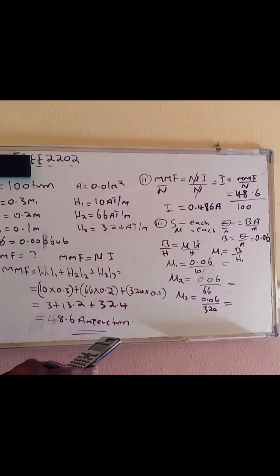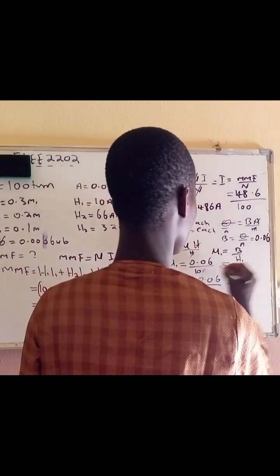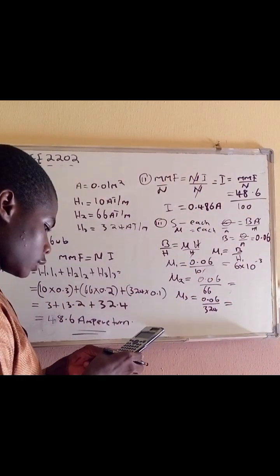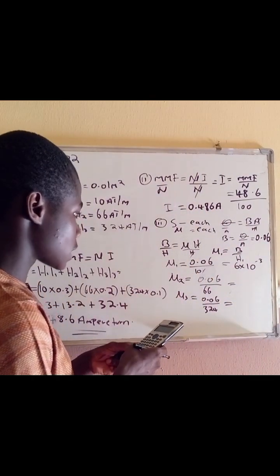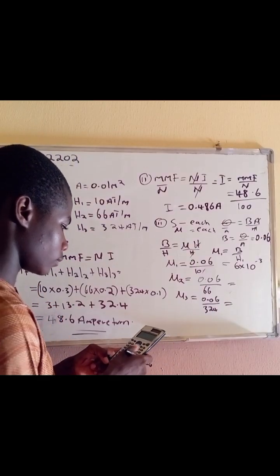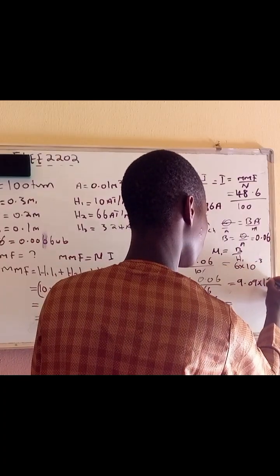So let's calculate. 0.06 divided by 10 gives 6 times 10 exponential of negative 3. 0.06 divided by 66 gives 9.09 times 10 exponential of negative 4.